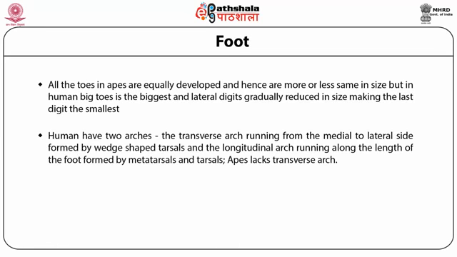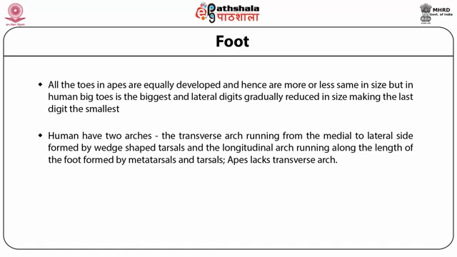First, the transverse arch, running from the medial to lateral side, formed by wedge-shaped tarsals. Second, the longitudinal arch, running along the length of the foot, formed by metatarsals and tarsals. This structure helps in reducing the chance of fatigue fracture of the lower leg.